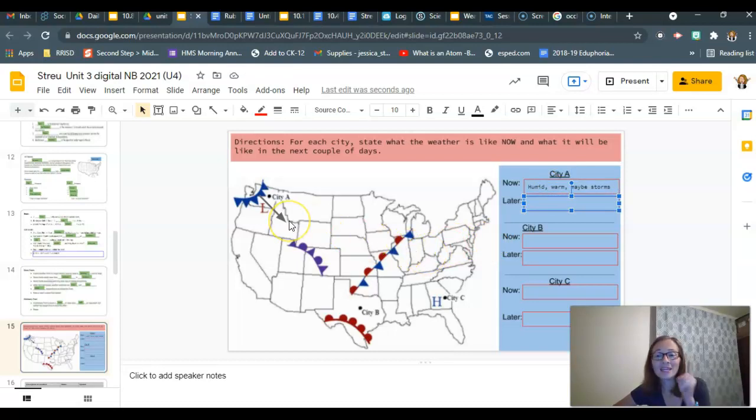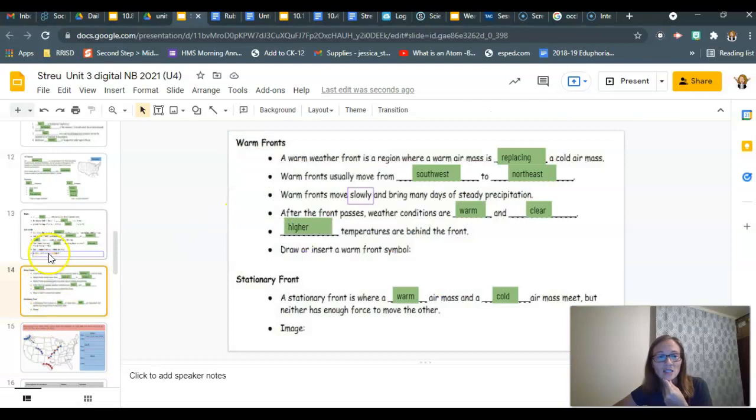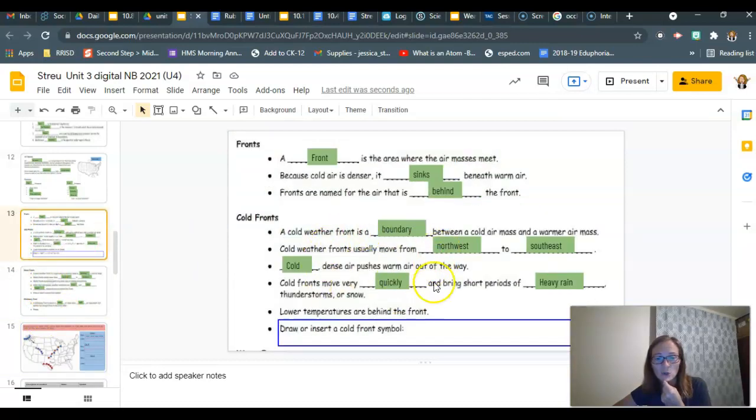Okay. Later, because there is a front coming, there is going to be weather later, and I know what it's going to be. So later, I'm going to describe the weather, not just say cold front. Okay, so I have to look at slide 13 where it says cold fronts. Cold fronts usually move from northwest to southeast.